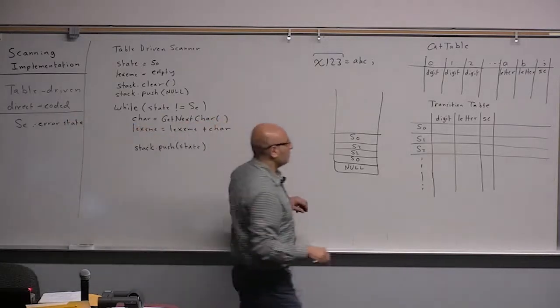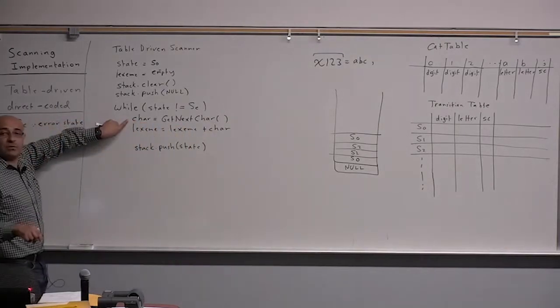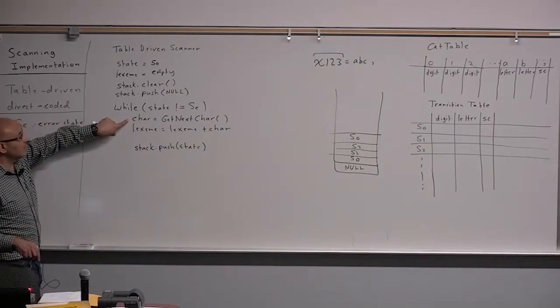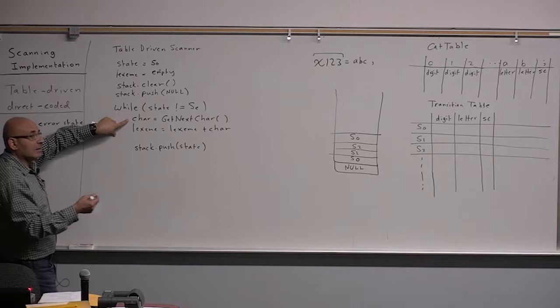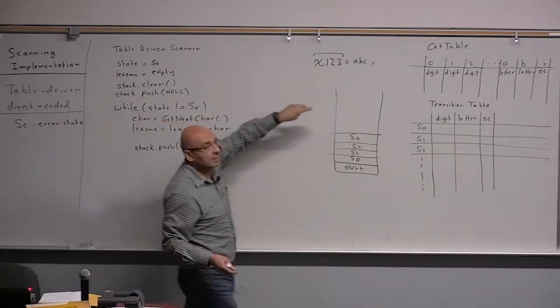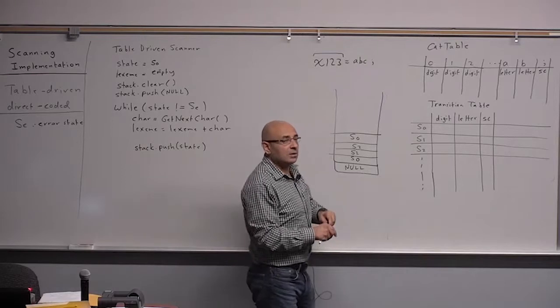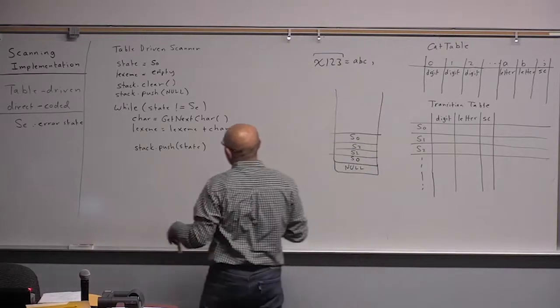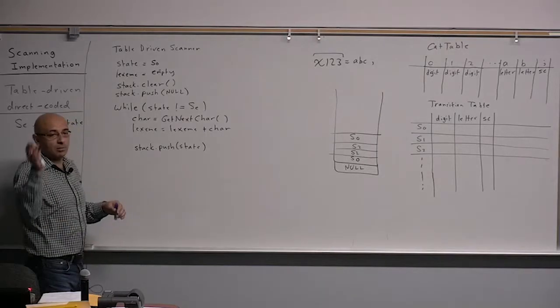Then what should we do? We have the character. Every iteration of the loop is checking a character. Shouldn't we check it before we put it in the lexeme? Yeah, we put it in, and then if it turns out that it will lead to an error state, we will roll back.